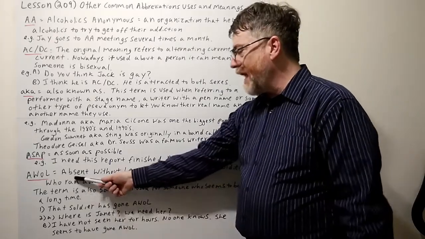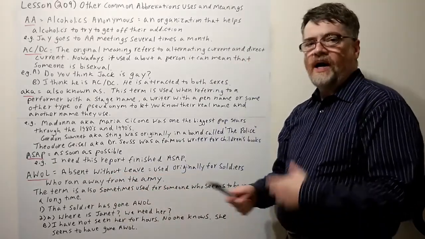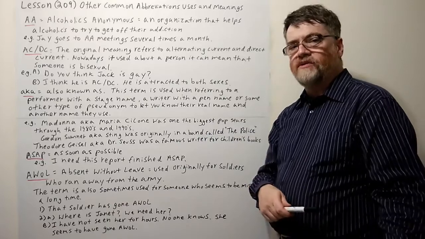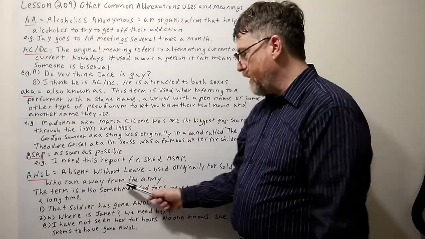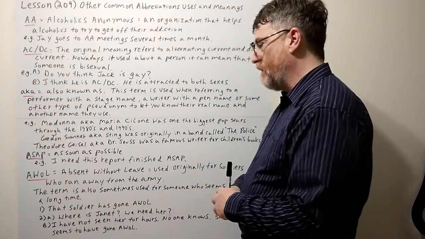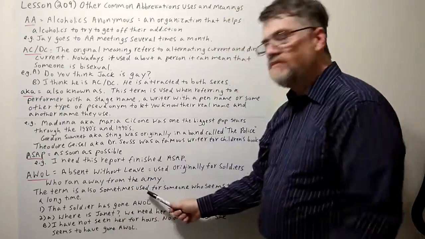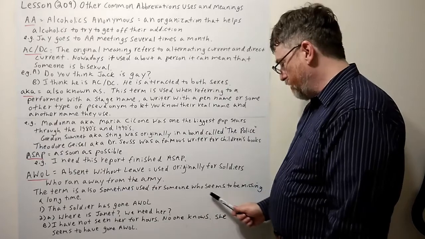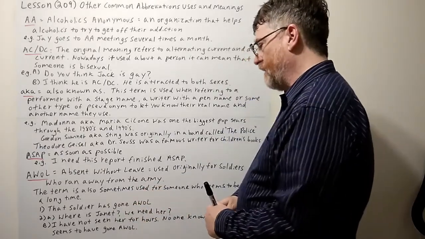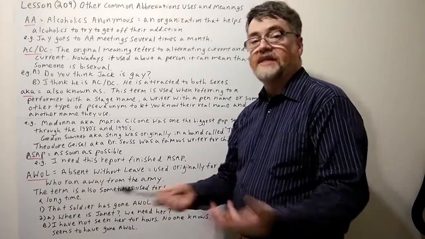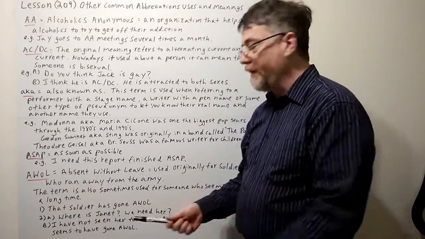Okay, last one that we're covering today, AWOL. It basically means absent without leave. The original use goes back to the military, used originally for soldiers who ran away from the army. This term is also sometimes used for someone who seems to be missing for a long time. The first example is with a soldier, because it's still used this way.